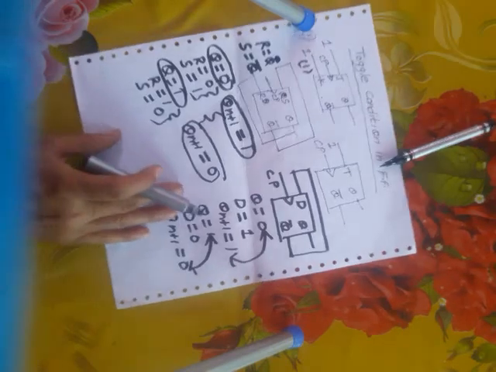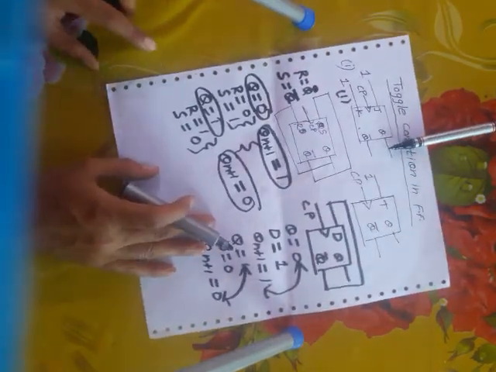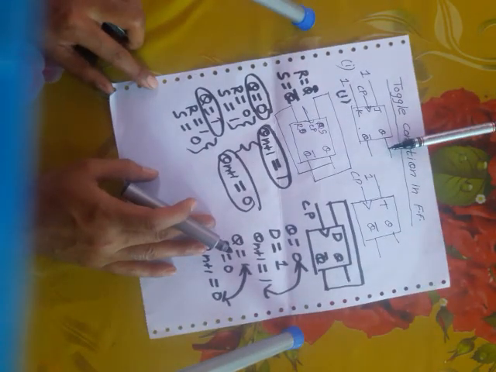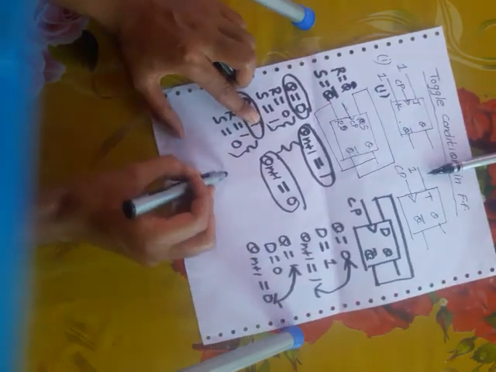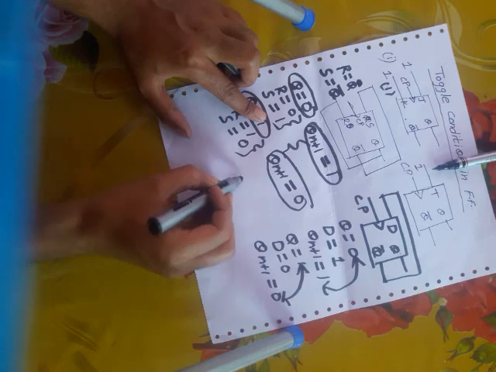And you can also get the toggle condition by using a JK flip-flop. How?